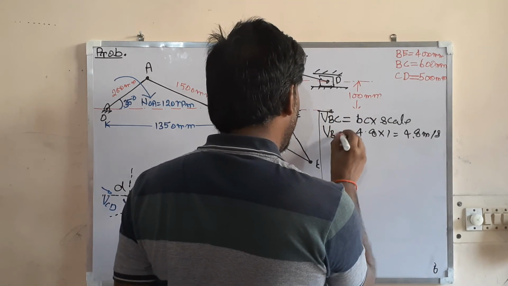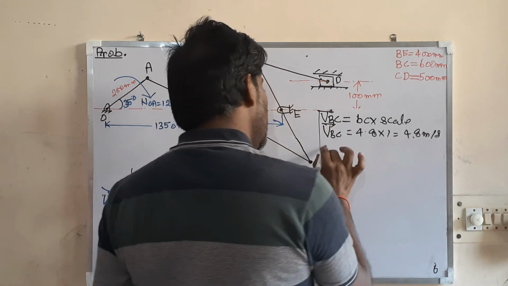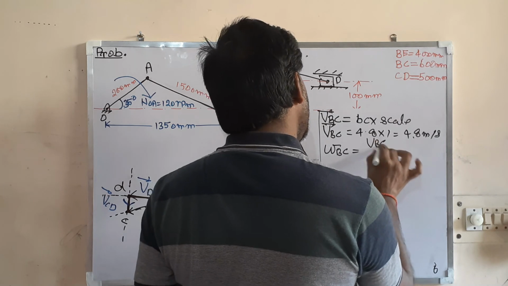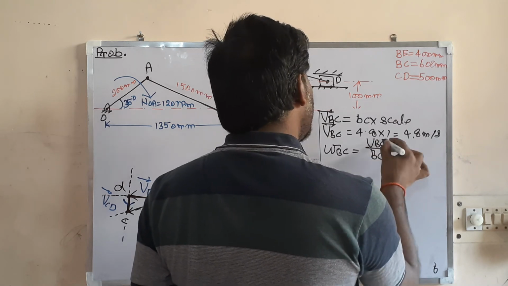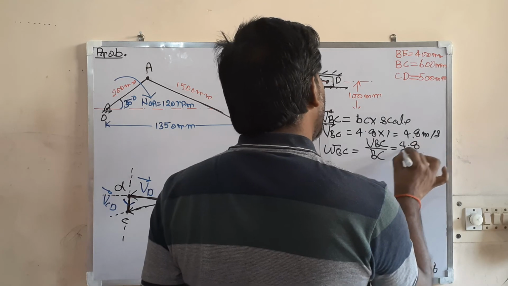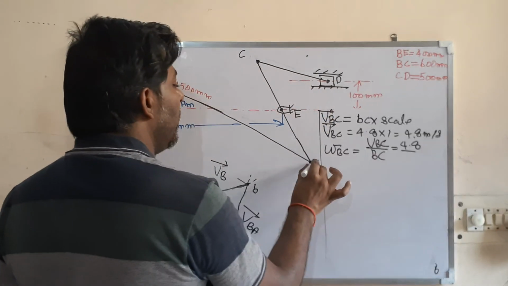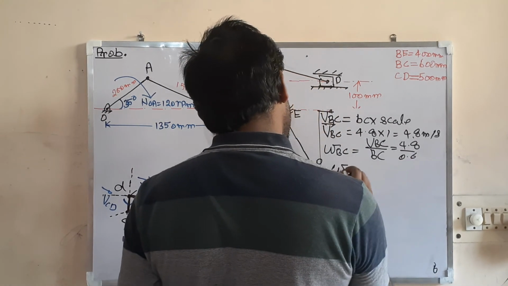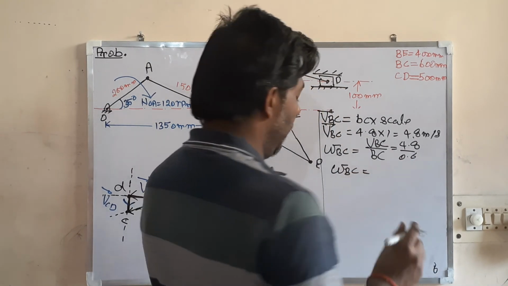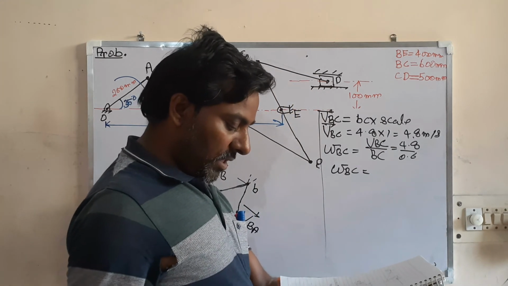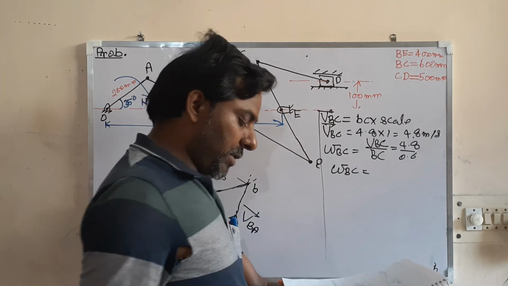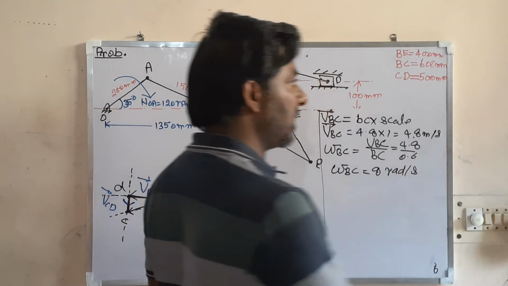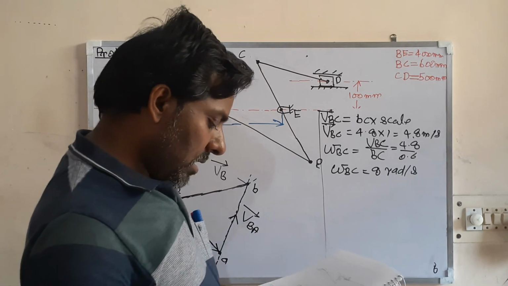So velocity of point B with respect to C is this much. So omega BC is equal to VBC divided by BC. Taking the magnitude, this is 4.8 divided by BC, and BC is 600 mm, so 0.6. So omega BC is 8 radian per second.